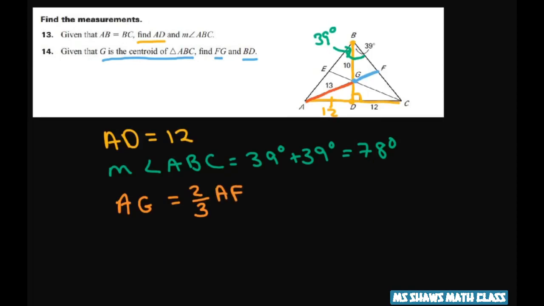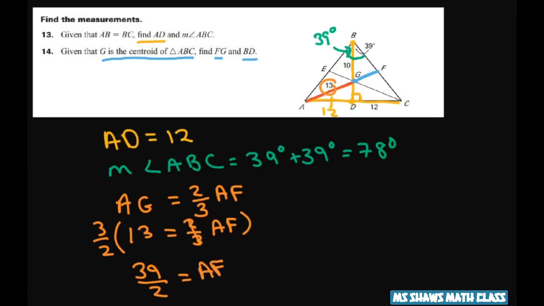So AG is 13. It's given here. And that equals 2/3 of AF. Now multiply both sides by 3/2, the reciprocal, so that will cancel out, and you get 39/2 equals AF.